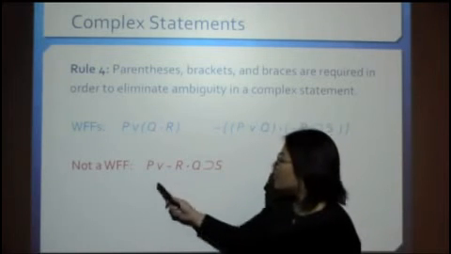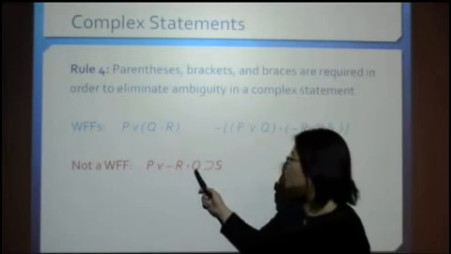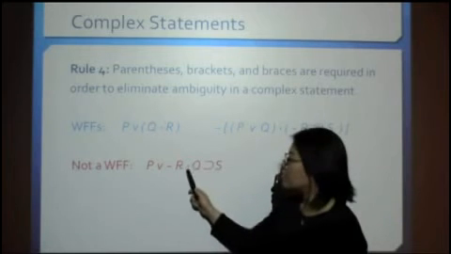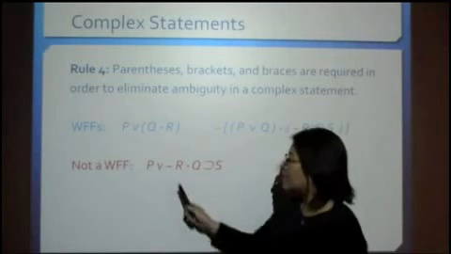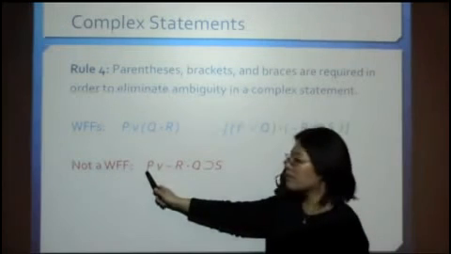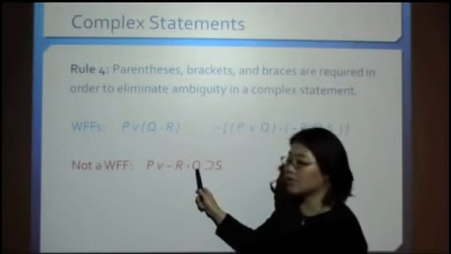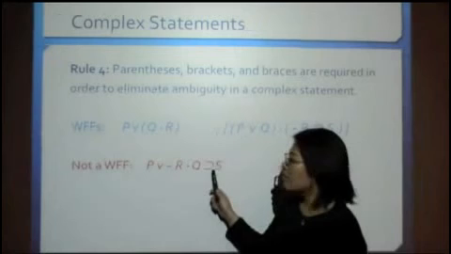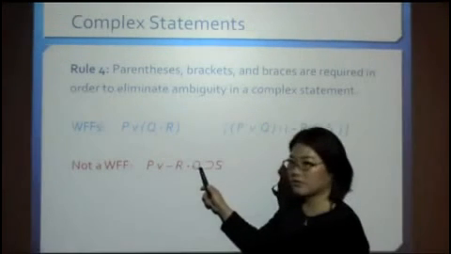We don't know if P, wedge, not R go together as a unit, and then Q, horseshoe, S go together as a unit, which makes the dot the main operator. Or if it's the case that P is alone, okay, and not R dot Q go together as a unit, okay, and then S makes a conditional with not R dot Q, okay.